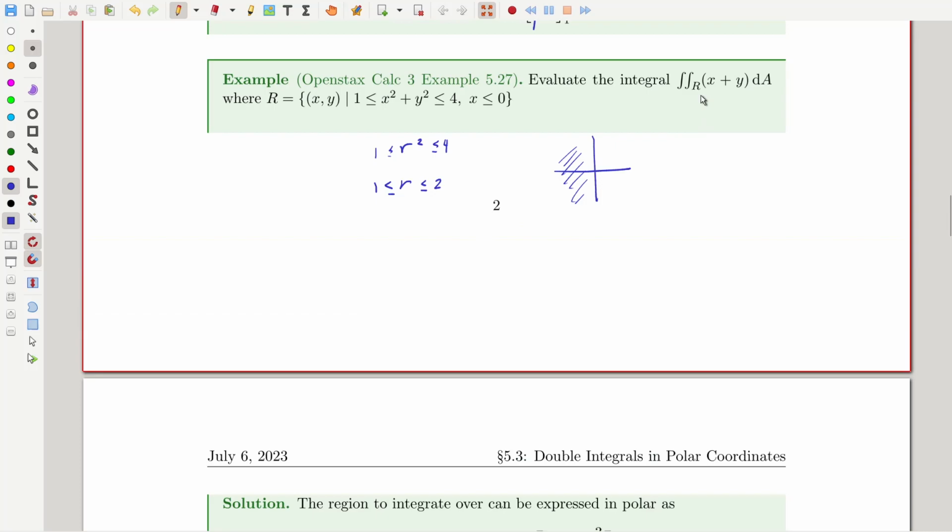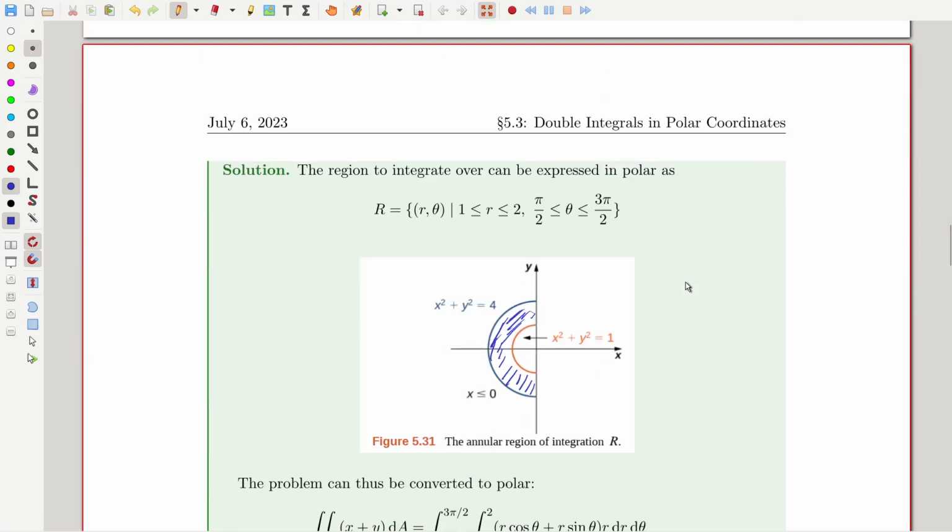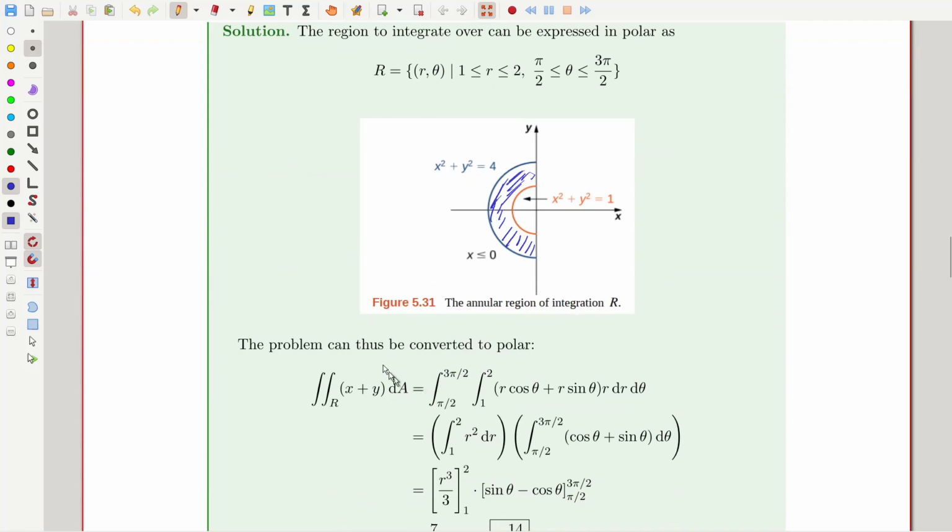Now we were supposed to integrate the function x plus y over this polar region. It is polar rectangular, actually. It just wasn't presented as a polar rectangular region, the way that it was given.